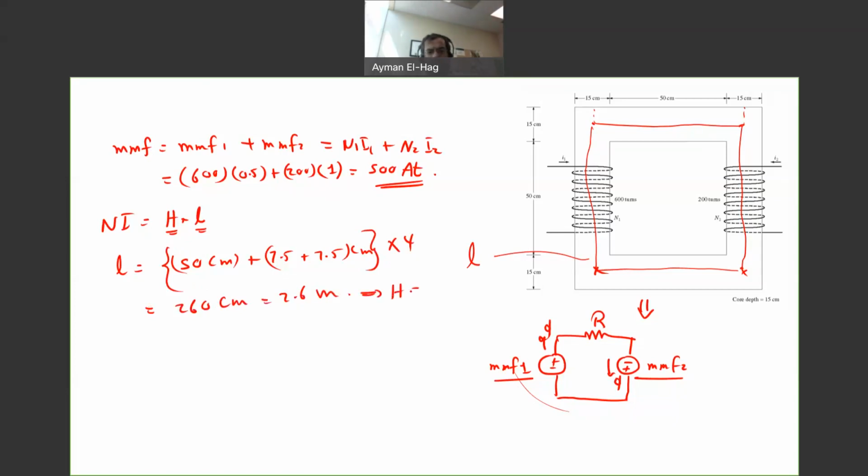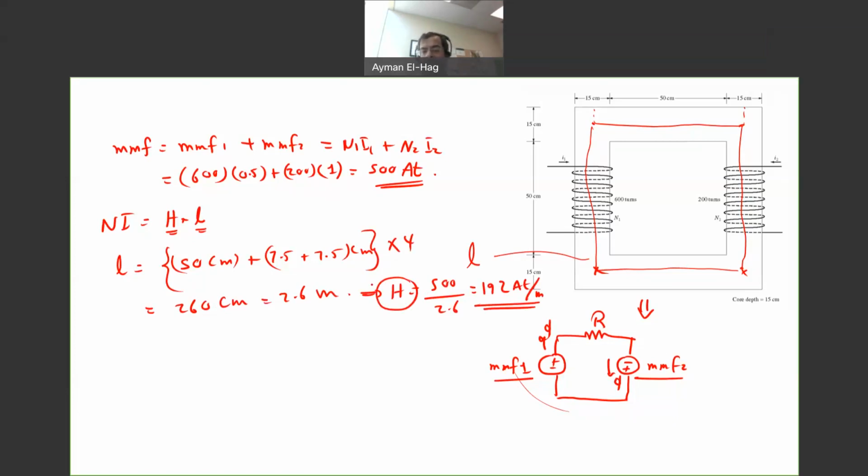From this we can find H. Your H is equal to 500 divided by 2.6, which is equal to 192 ampere turns per meter. How can we benefit from this H?